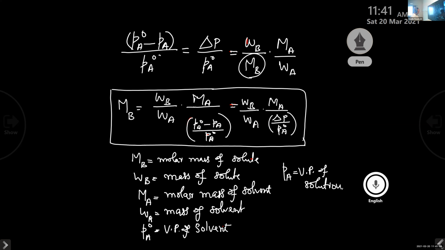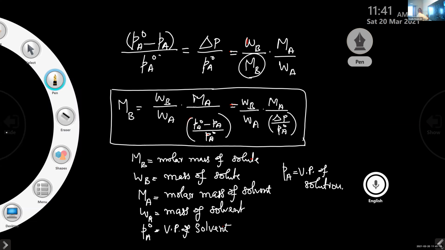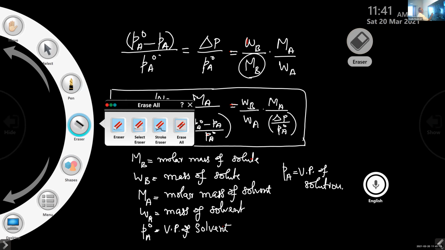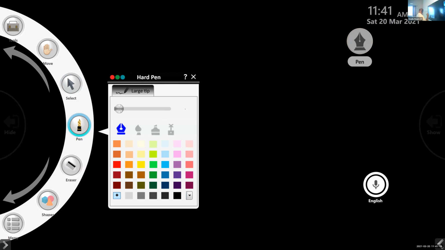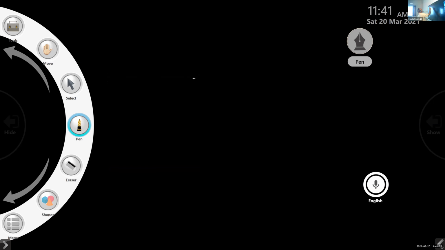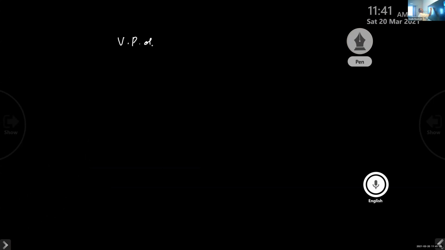You write a problem. Vapor pressure of pure benzene, so that is the solvent. We have a problem here. See, the vapor pressure of pure benzene is 0.850 bar.